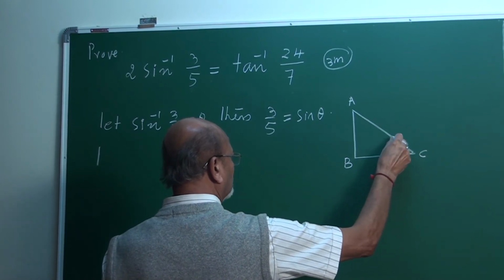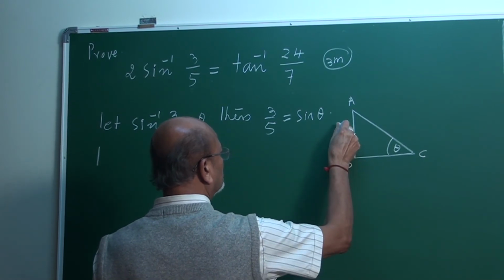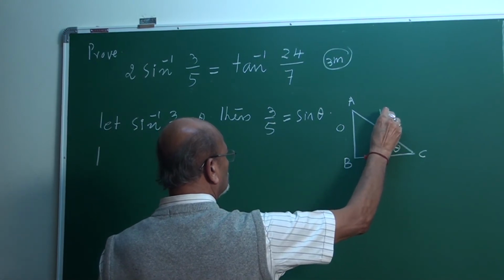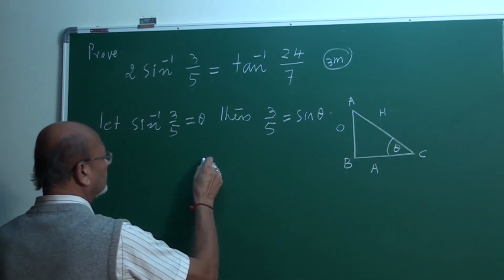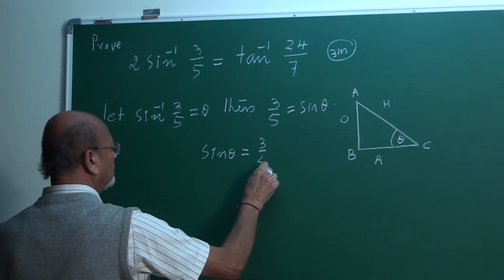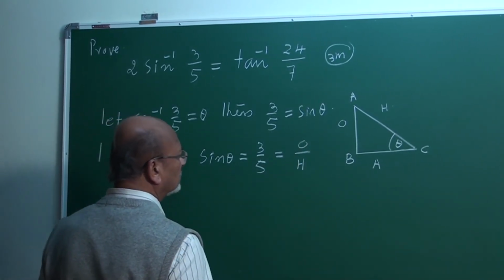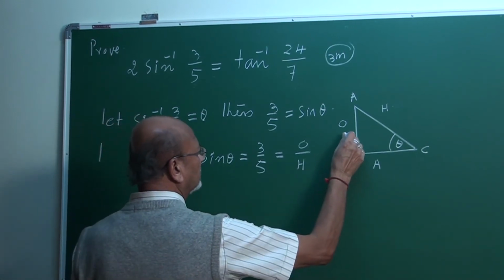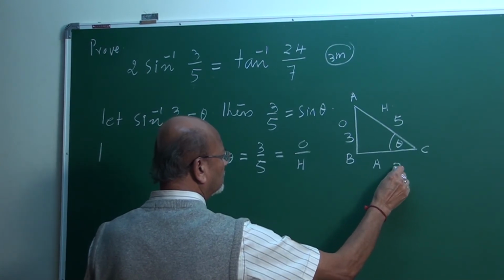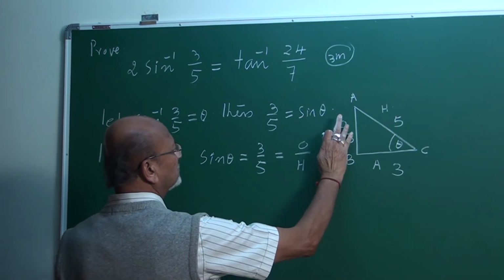This angle is theta, this is the opposite side, adjacent side, hypotenuse. Sine theta is three by 5, opposite side upon hypotenuse. Then the opposite side is 3 and the hypotenuse is 5.